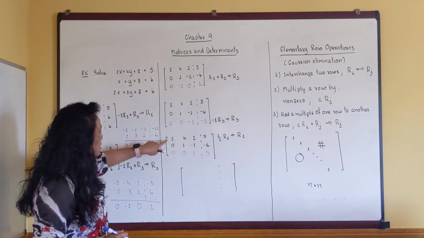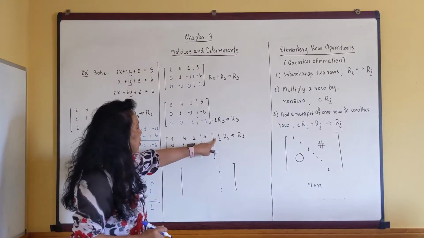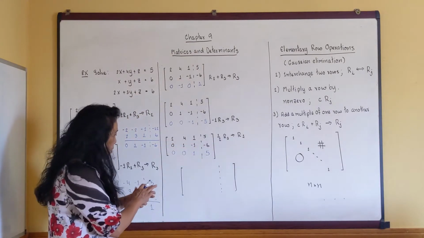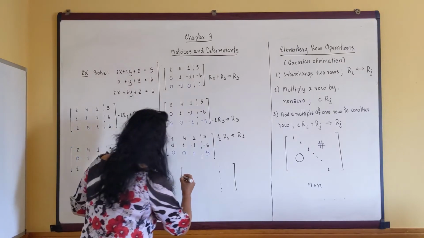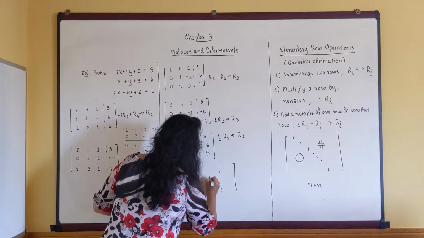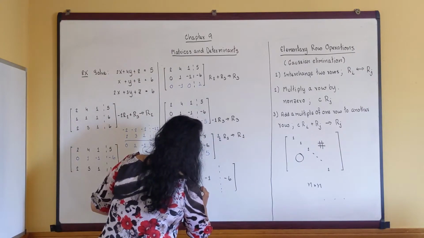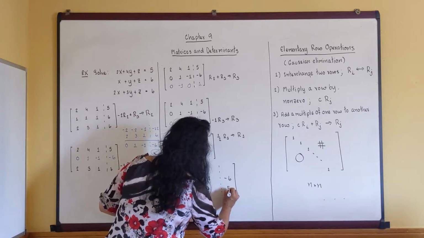I have 0. If I get 1 at the diagonal, I'm done, right? So I'm going to divide the first row by 2 and put it in the first row. I'm going to leave everything else the same. 0, 1, negative 1, negative 6, 0, 0, 1, 5.